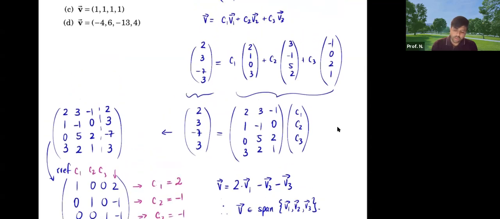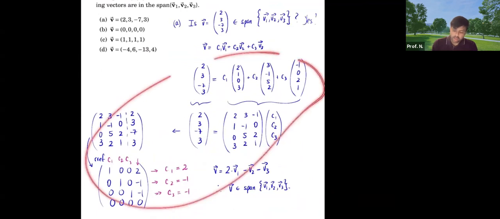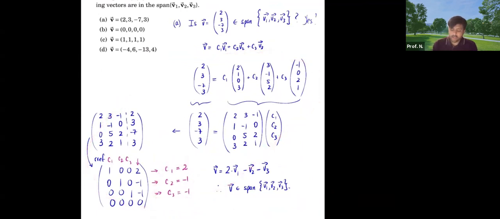The question says, determine if the following vectors are in the span. Well, A is. Yes, it is. Why? I just showed why. I found the coefficients, the scalars associated with the vectors V1, V2, V3, that express V as a linear combination of V1, V2, V3. Does that make sense?